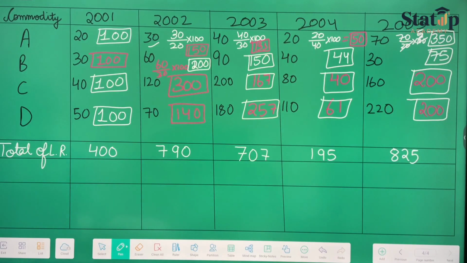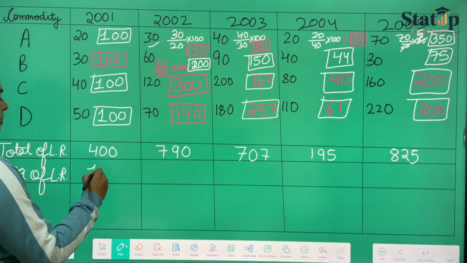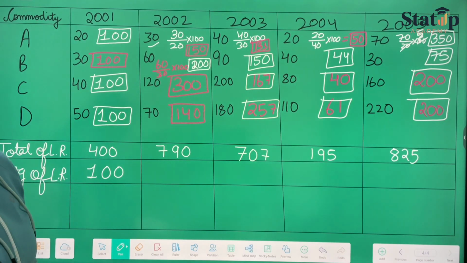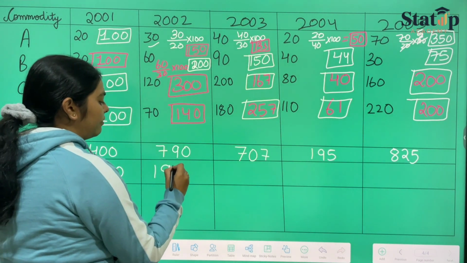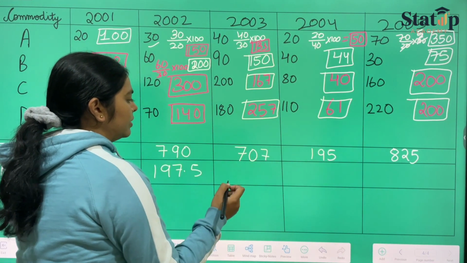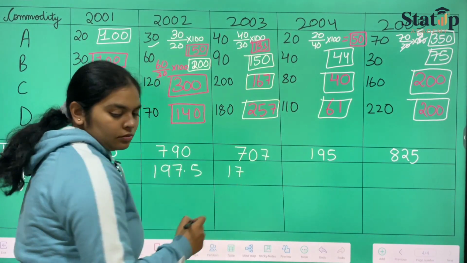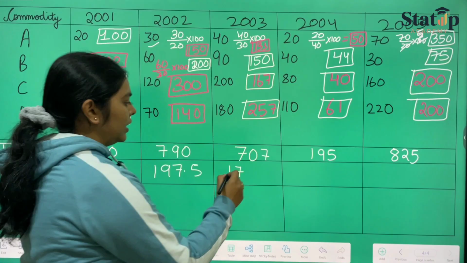Now we'll calculate the average of link relative. We can directly do it by link relative as well. Chain relative, we can find by link relative as well, but we can use averages as well. So this would be 100. This divided by 4 will give us 197.5. This will be 176.8.